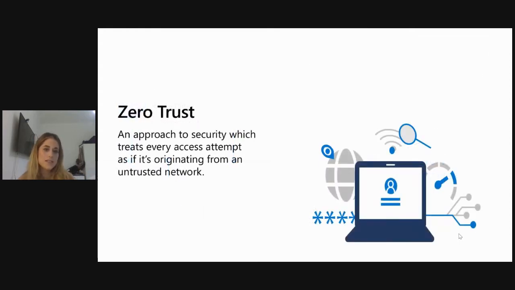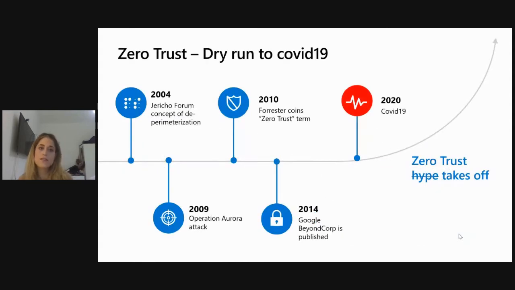It means we treat every access to any of our organizational resources as if it was originating from an untrusted network. When we talked to some organizations in pre-corona days, it would be like, okay, certain things you're not able to do if you're coming from an untrusted network.